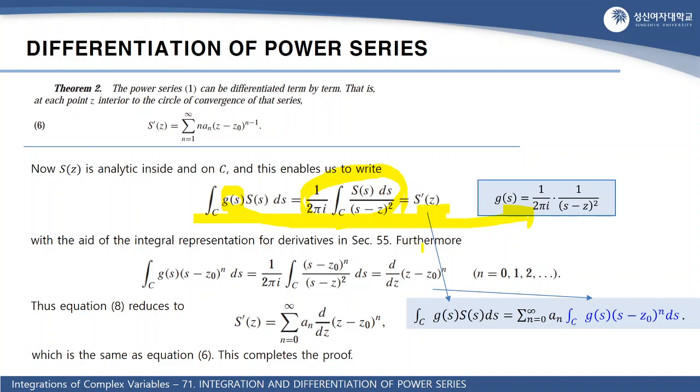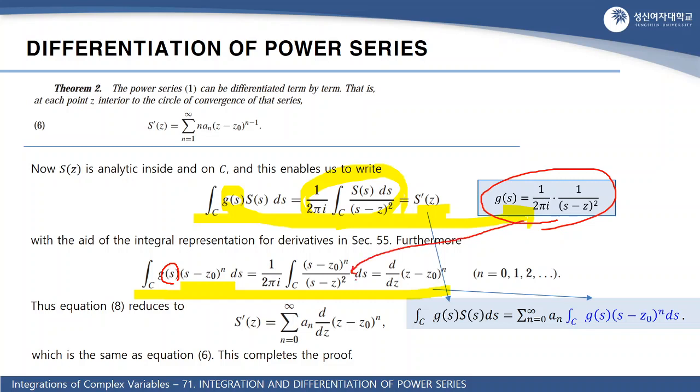Also, we have this integral along the contour C of g(s) times (s minus z naught) to the n ds. Here g(s) is, as I mentioned, given by this form.